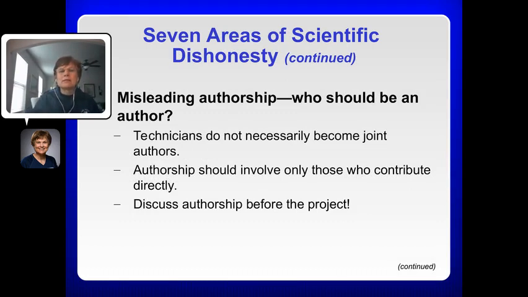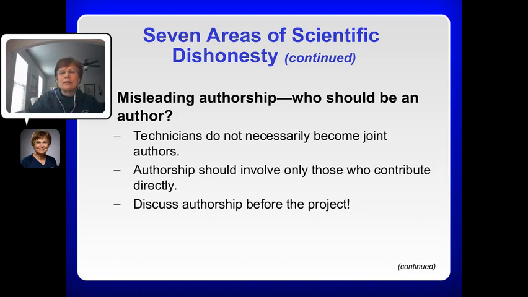Moving on to number 6, you could have misleading authorship. Often you'll see more than one name on a journal article. You have to decide who should be the author, who contributed to it. Often technicians are not necessarily considered joint authors. And if you include somebody in the authorship, then they should have been involved in the actual research process.